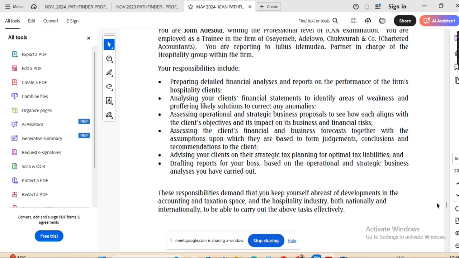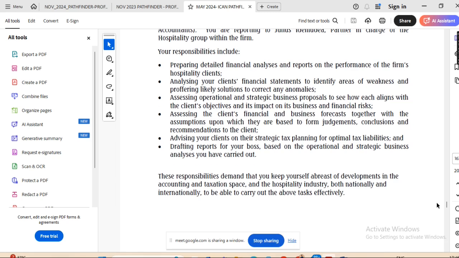Professional colleagues, this is like 96% an external report because you have a client. You are working with a chartered accountant firm, reporting to Julius, and you have a client. Of course, you don't expect your boss to do this petty financial analysis work.